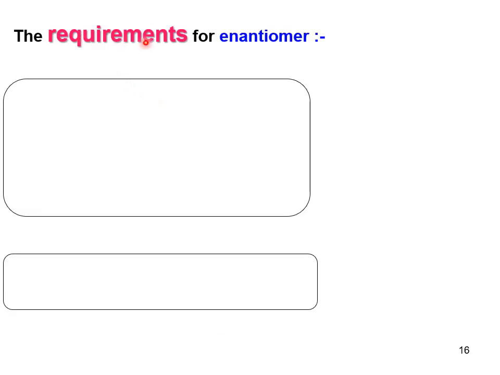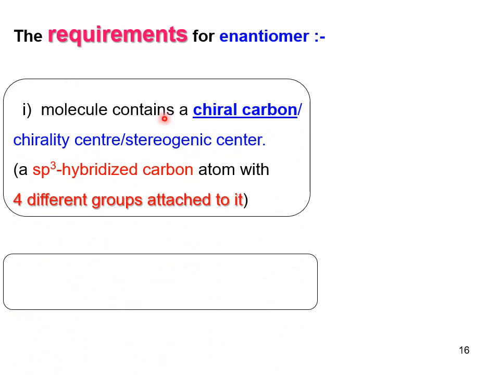Next, the requirements for enantiomer. First, the molecule contains a chiral carbon, chirality center, or stereogenic center. Actually, chiral carbon, chirality center, and stereogenic center are the same thing, just different names. And then what is a chiral carbon?